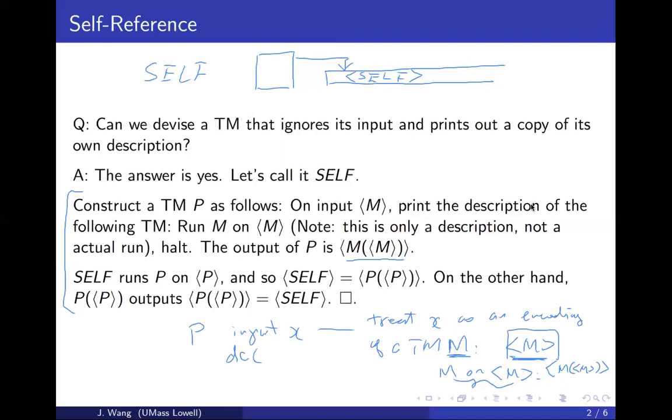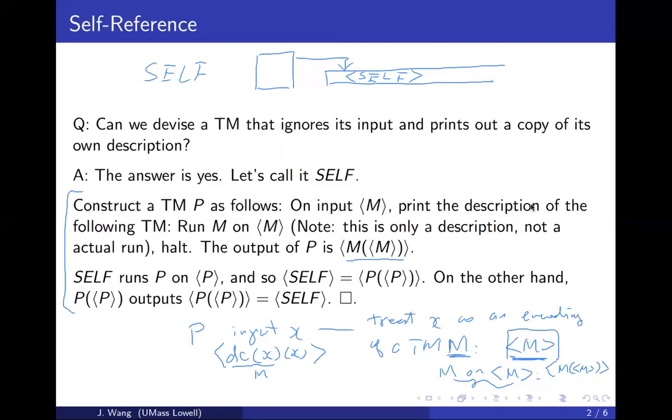So DC on X returns a Turing machine. What P really does is it outputs a description of this Turing machine on X. This is the decoding of X. That is a Turing machine.